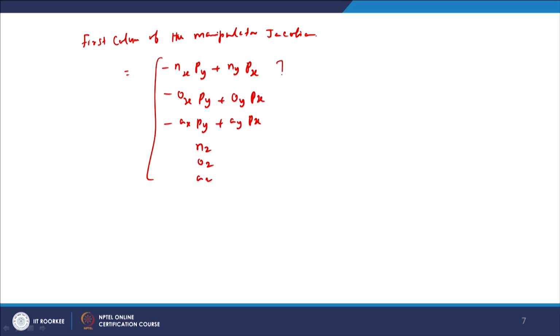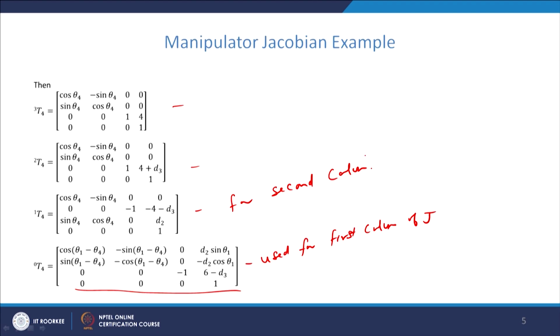So, this is using the 0T4 columns at that particular values. So, we can substitute here directly by seeing nx, py etc. from the expression given here. In 0T4 we can see that nx is cos of theta 1 minus theta 4 and py is minus d2 cos theta 1.